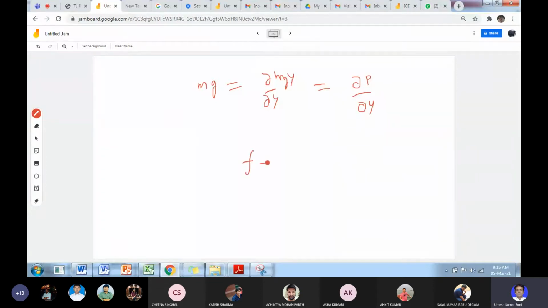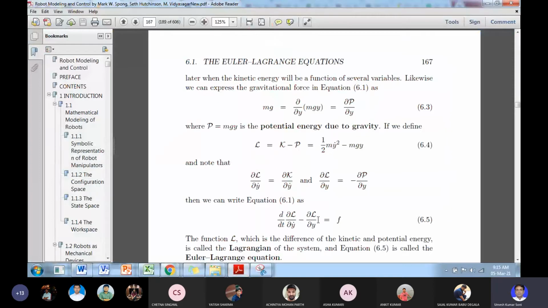F minus this is del p upon del y equal to, what is the value? Here you see that F equal to, find out this term completely. Okay, so how do you get this?